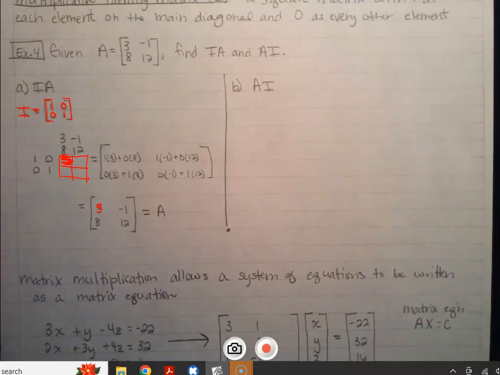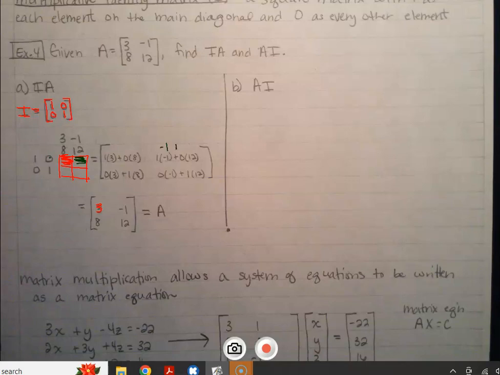Then, over to the next one, 1 times negative 1 is negative 1, plus 0 times 12 is 0.